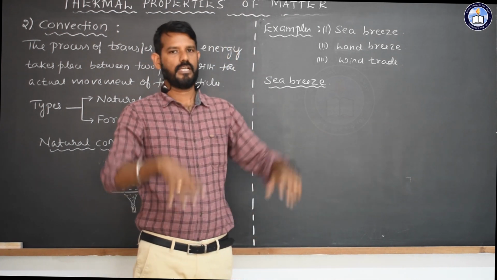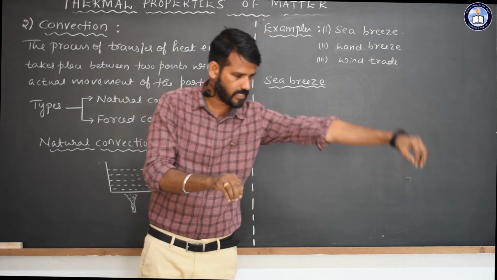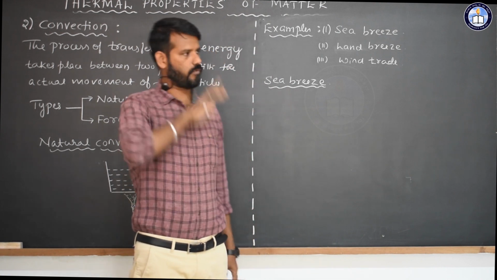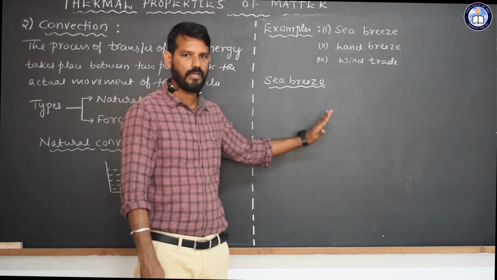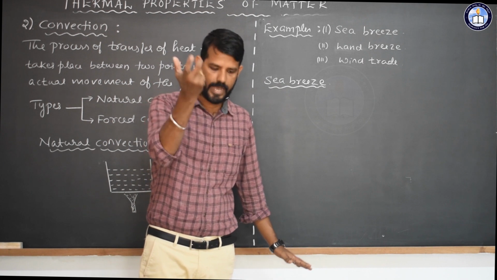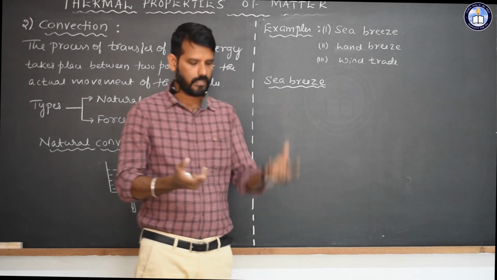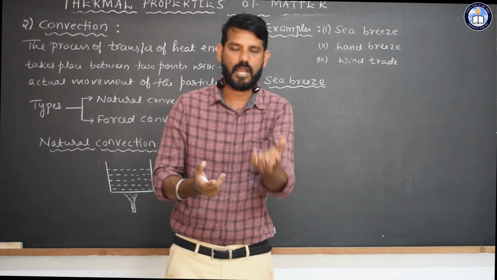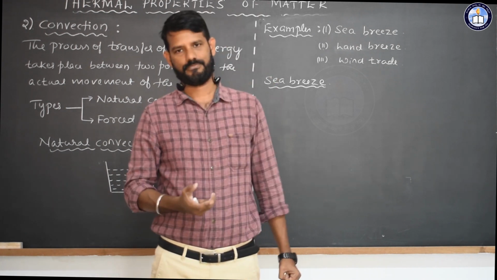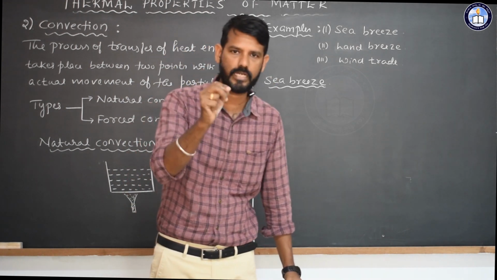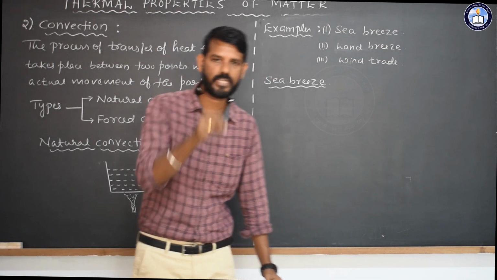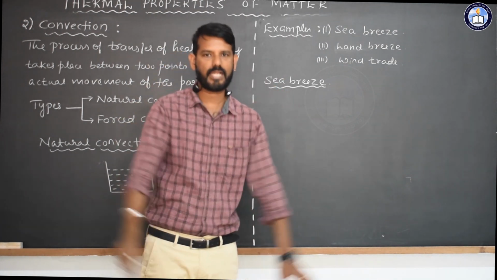Sunlight falls on land as well as sea water. We can observe one of the phenomena here. Due to high specific heat, the sea water will take a larger time to heat. But due to the low specific heat of land, it will heat up immediately.